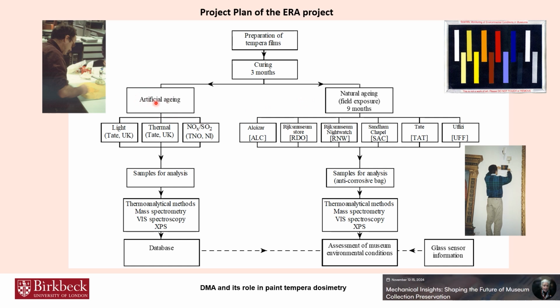The accelerated aging involved light, which was performed at the Tate Conservation Department, and thermal aging also at the Tate, and then some pollutant aging with mixed NOx SO2 in TNO in the Netherlands. So the samples from both paths were then analysed using multi-analytical techniques. You can see thermoanalytical mass spectrometry and then spectroscopy and XPS.